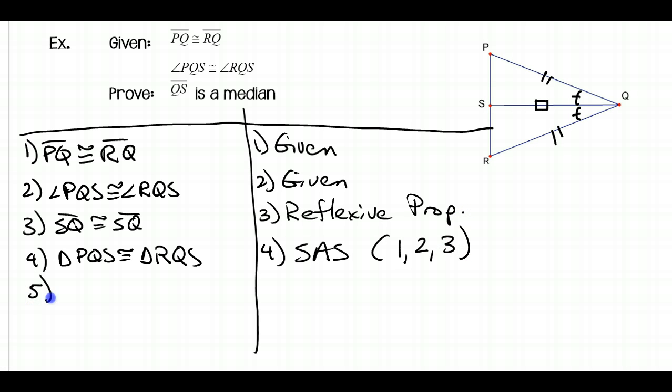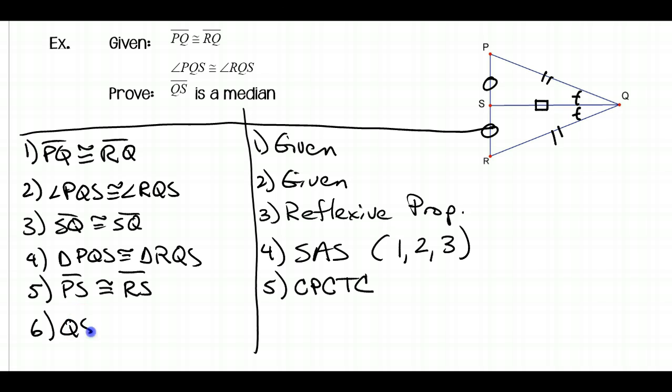And then once we have those congruent, I know that PS is going to be congruent to RS. Those are corresponding parts. So CPCTC, corresponding parts of congruent triangles are congruent. And now that I have these 2 segments congruent, I know that QS must be a median.